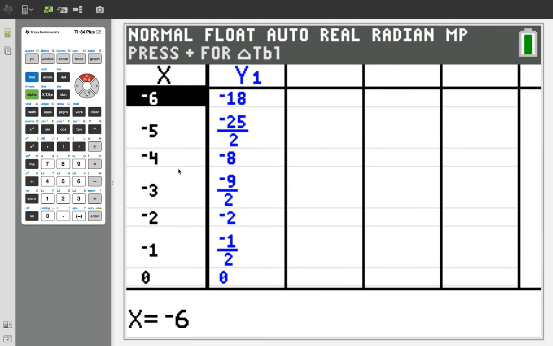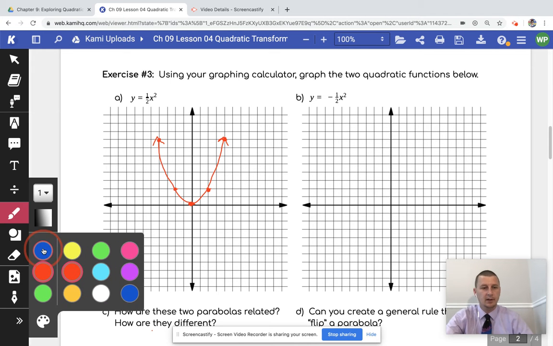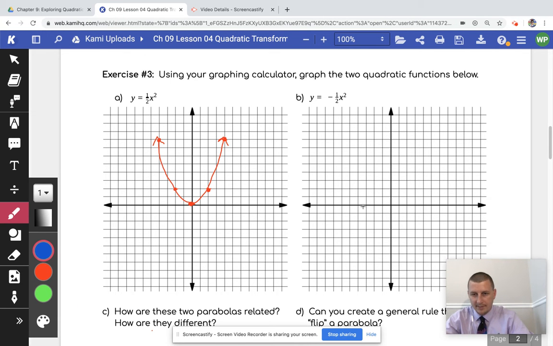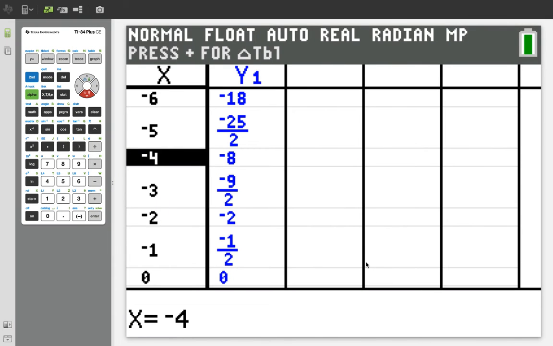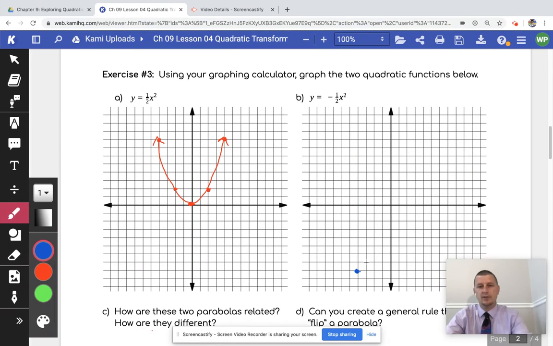Again, we're not going to be able to go to negatives. Okay, so we'll start at negative 4 again. We'll go to negative 4, and this time negative 8. So negative 4, negative 1, 2, 3, 4, 5, 6, 7, 8. We go back to our table to find our next integer point, which is negative 2, negative 2.